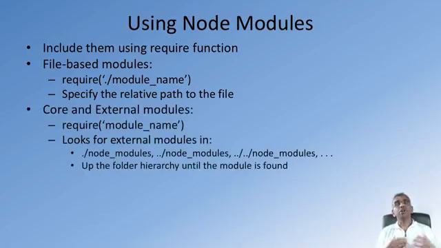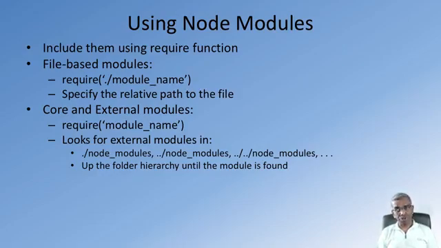And for the core and external modules, you would normally specify them by saying require and the name of the module. You won't explicitly specify a path for it. If it is a core module, it's already part of Node and so will be automatically included.